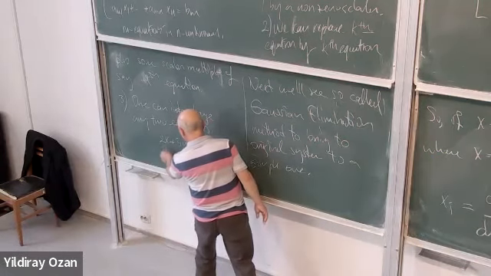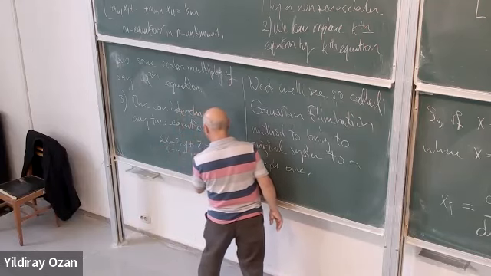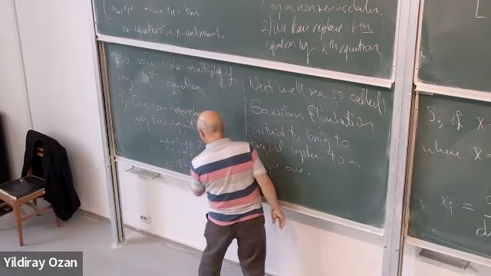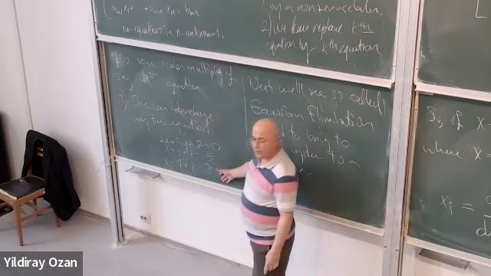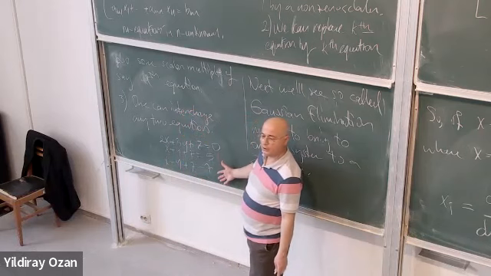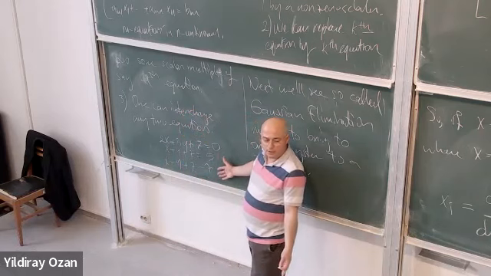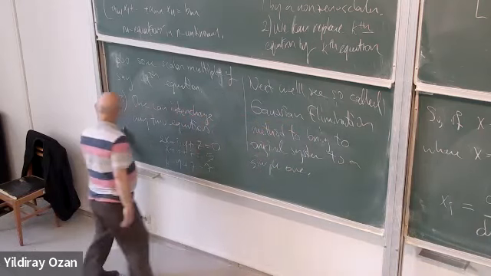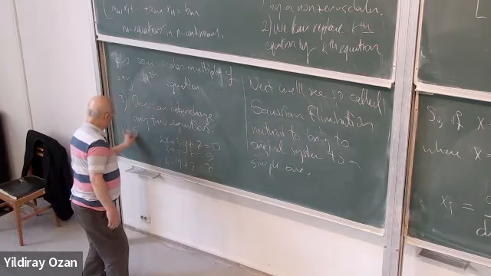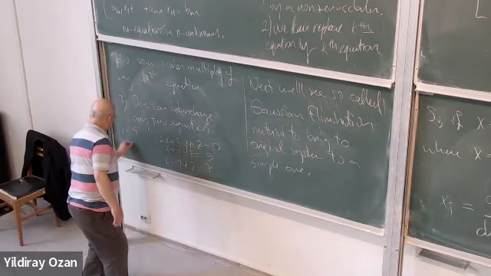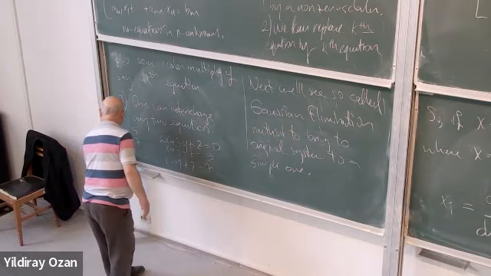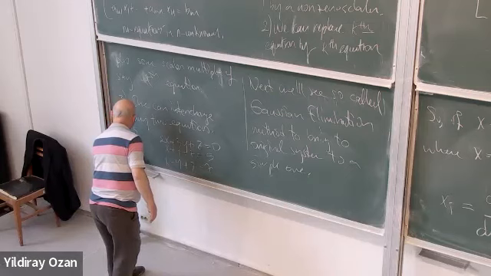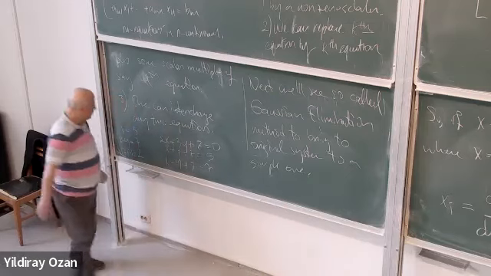x plus y plus z equals 5, x minus y plus z equals 7. When you get this, can you write down a solution right away? No, right? It's not easy. But if your equation is like this: x equals 5, x minus y equals 7, and z plus y is equal to 2, can you solve this?